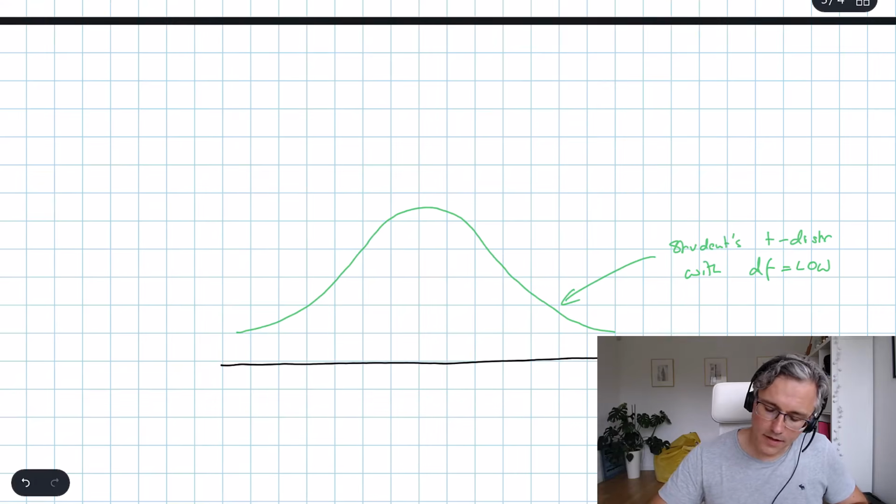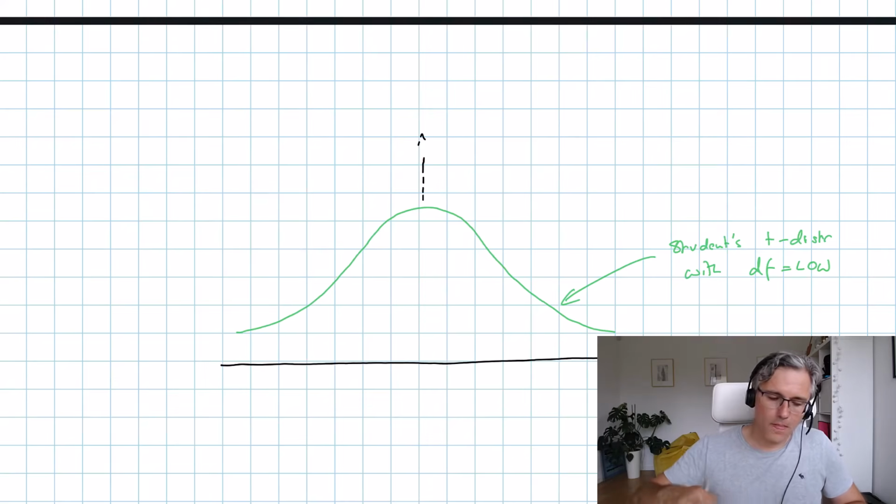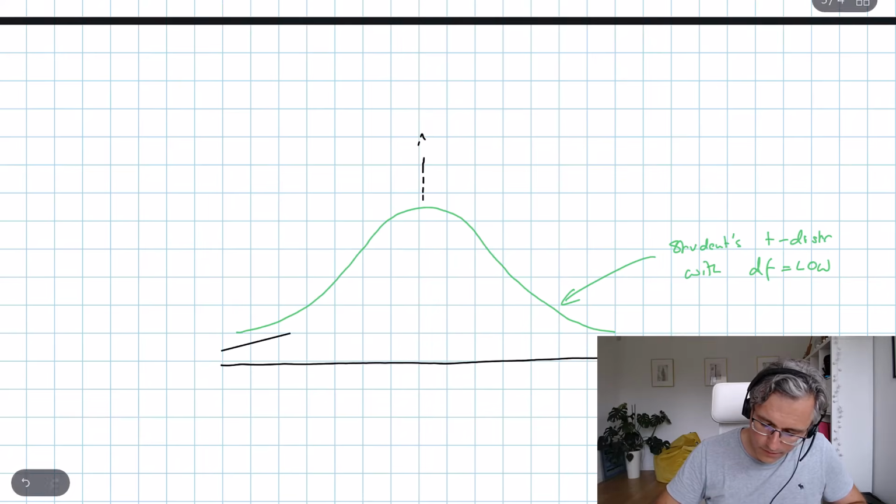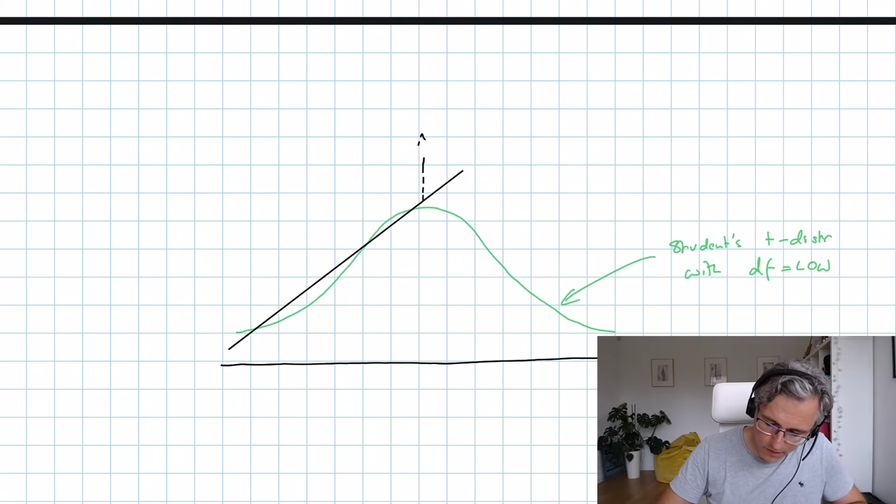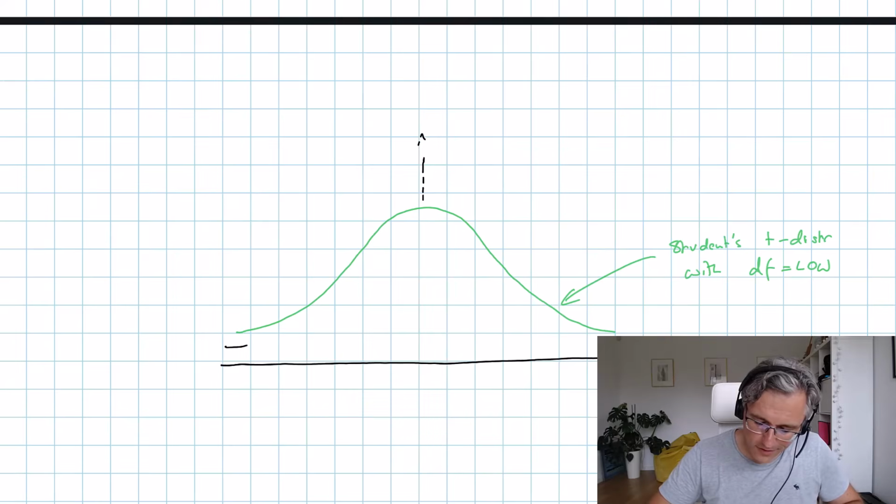What happens is, as you increase the degrees of freedom, you make this distribution sort of more peaked and you reduce its tails. Once again my calculator wants to make this into a straight line. Okay, almost there. I'll have to break it into two halves, don't I?